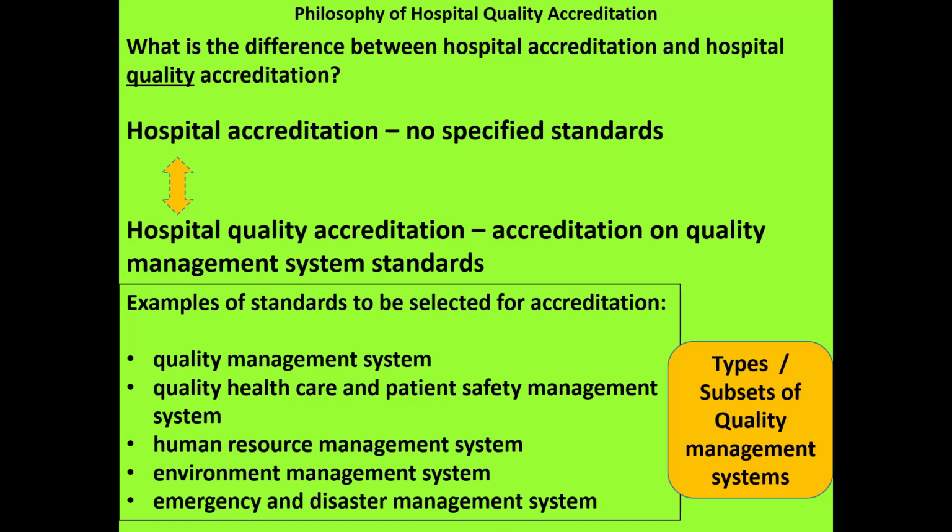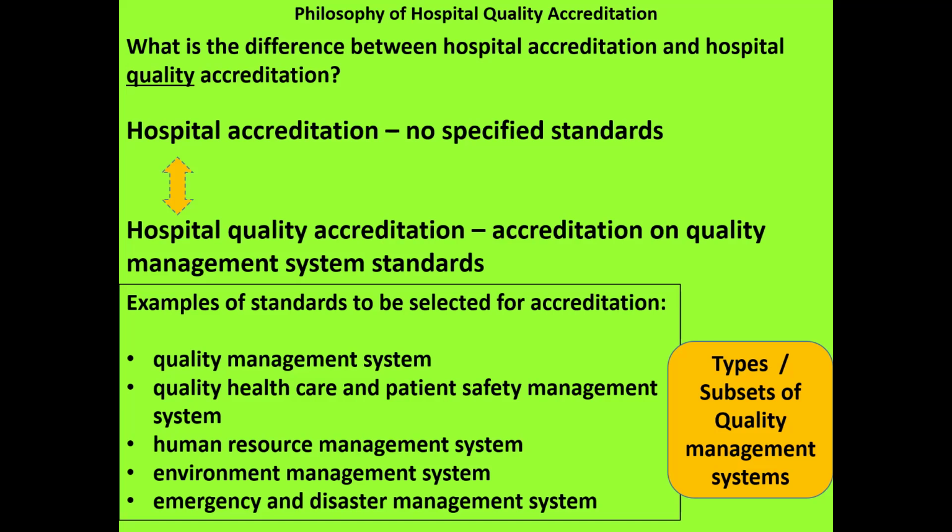Although there are various sets or subsets of standards to be assessed or accredited with, such as the generic quality management system, quality healthcare and patient safety management system, human resource management system, environment management system, emergency and disaster management system.